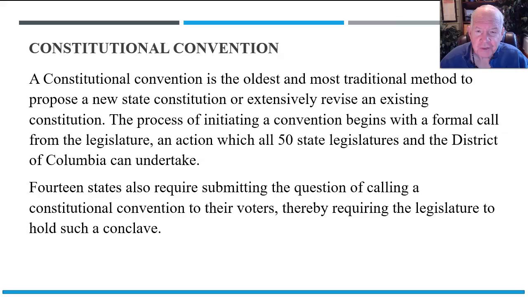A constitutional convention is the oldest and most traditional method to propose a new state constitution or extensively revise an existing constitution. The process of initiating a convention begins with a formal call from the legislature, an action which all 50 states and the District of Columbia can undertake. 14 states also require submitting the question of calling a constitutional convention to their voters, thereby requiring the legislature to hold such a conclave.